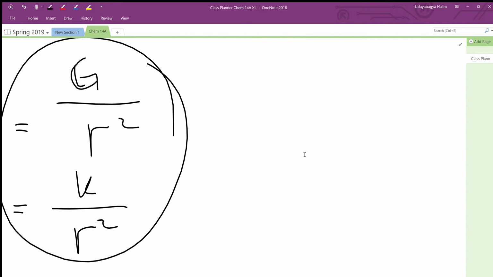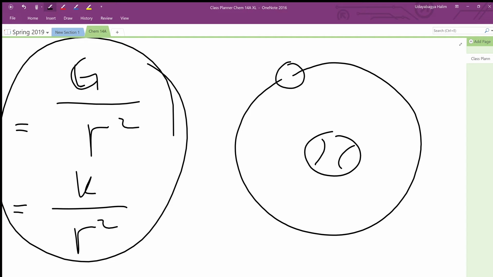Yes. No, you remember more of your physics than I expect you to. Cool. But it's simpler than that. Yes, there's forces and so on. But as you see here, the force is just pulling it down towards the nucleus, or in the case of the Earth and the moon, towards the Earth.